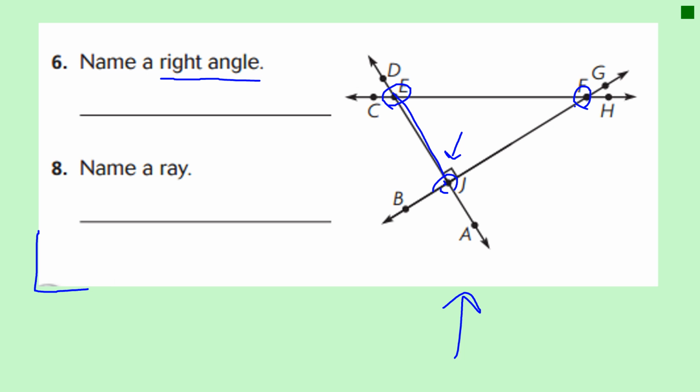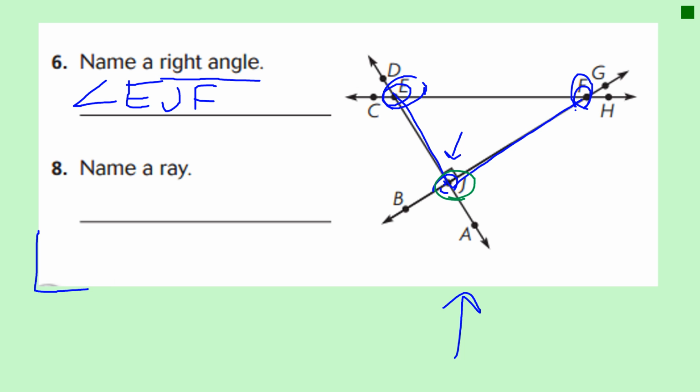So here is the right angle that I'm going to name. So you write the symbol for angle, which is that, and the symbol for angle doesn't have to be a right angle. What's the most important thing we talked about on that other page is that the vertex has to be in the middle. So the right angle is, that's point E. Point J is the vertex, and point F is the third point on the angle.